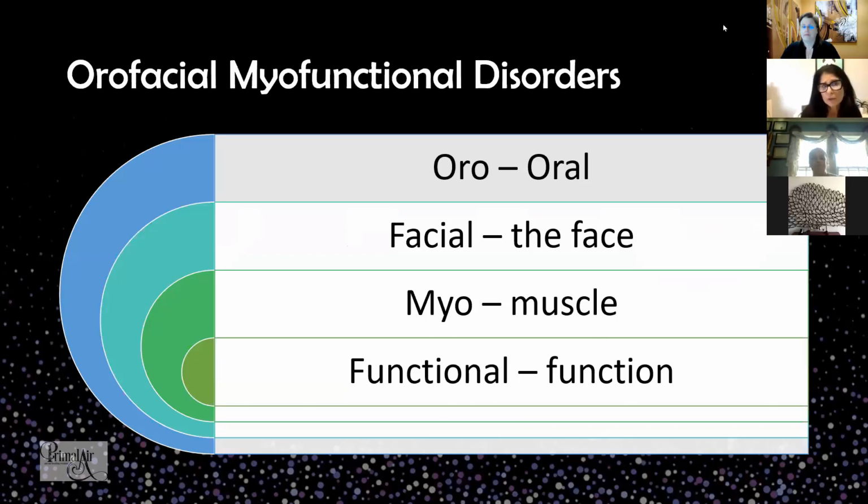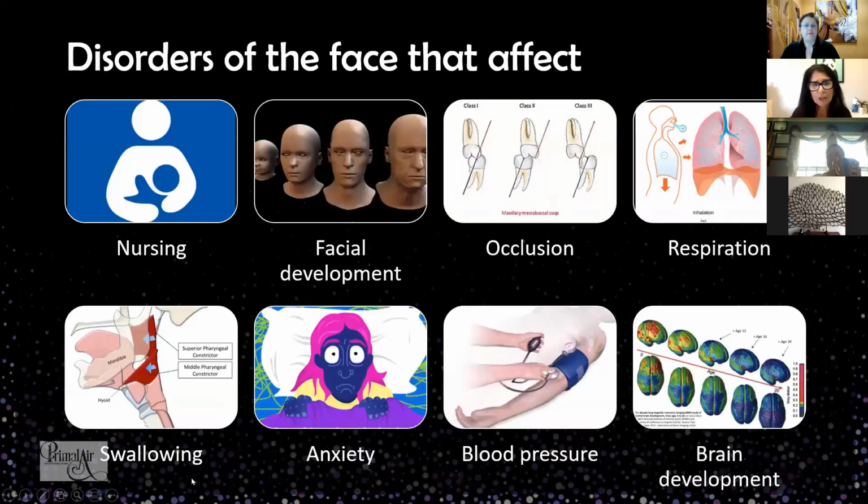So what we're talking about here is orofacial myofunctional disorders. It's a big, long word, but this is a breakdown of the definition, and it'll help you understand what we're doing. These are disorders that affect the face and the whole body.